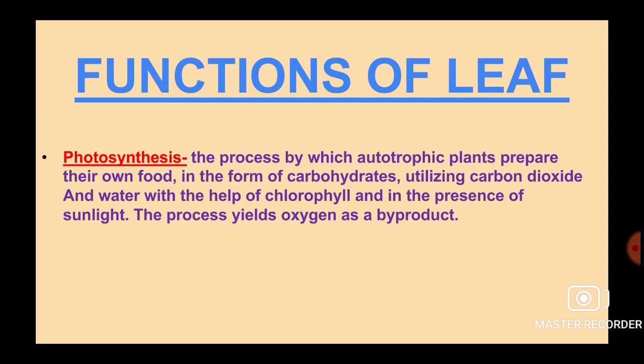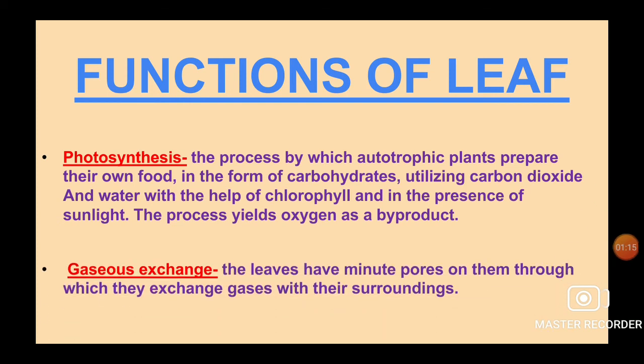So green leafy plants prepare their own food in the presence of sunlight, utilizing carbon dioxide and water, and they form carbohydrates along with a byproduct which is known as oxygen. This oxygen is what we take in, we breathe. So you know how important plants are because they provide us the most important thing.